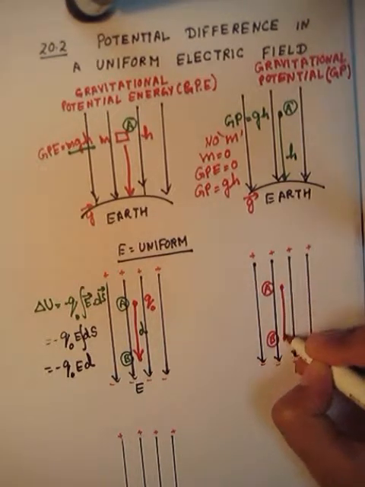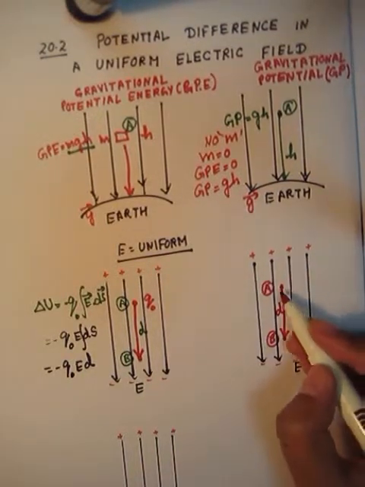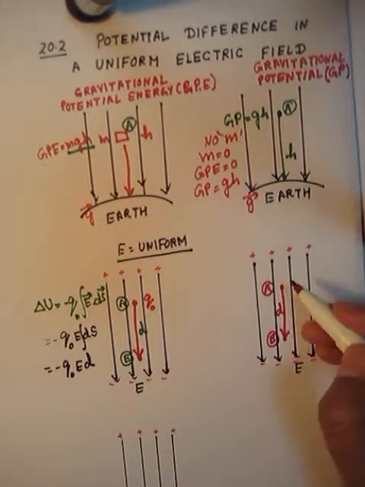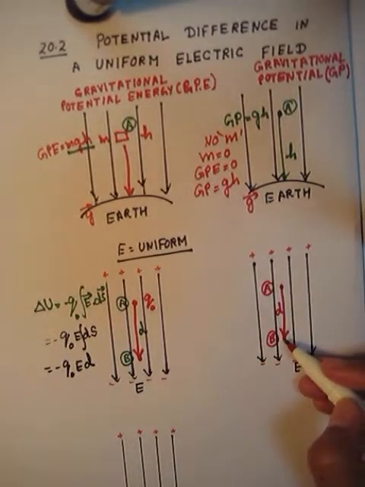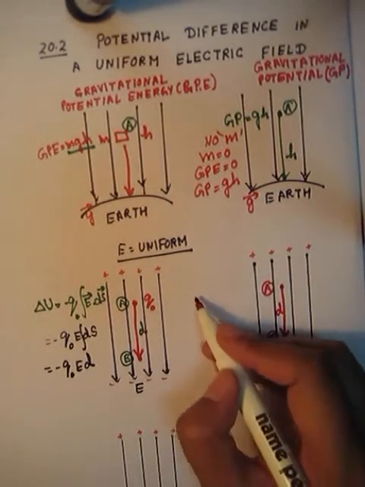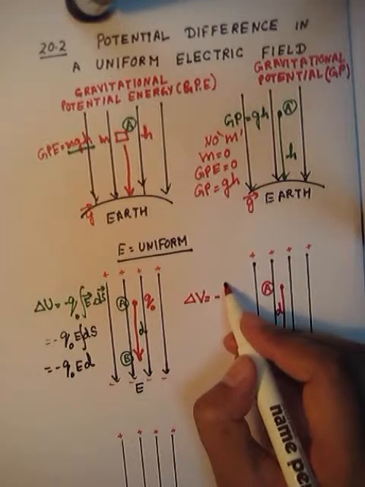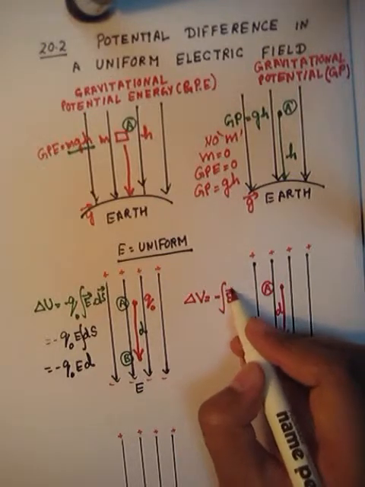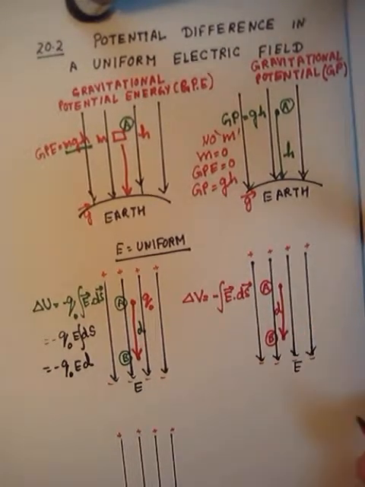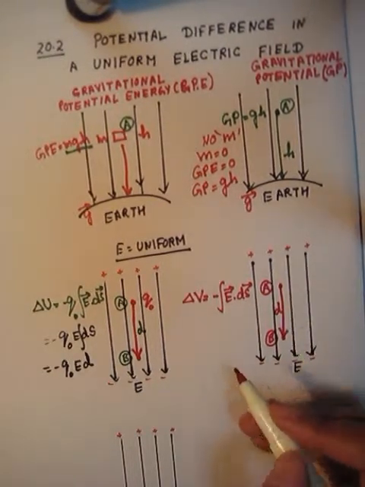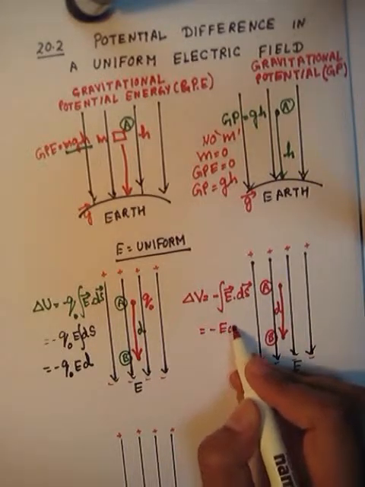If you move from one point to the other by a distance d, there is no charge moving. We are just seeing the potential at this point and the potential at that point. So the electric potential is given by minus integral of E vector dot ds vector, even though no charge is associated or moving. If you calculate it, it will be minus Ed.